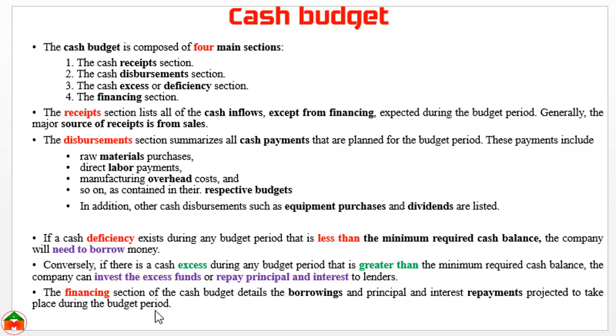And ultimately, if there is a cash deficiency, you need to borrow money, and if you borrow a loan, then you need to repay the loan with the interest. That borrowing and repayment of principal and interest would be shown in the financing section. And these are the four sections of the cash budget. You will get a clear idea when we prepare the cash budget.